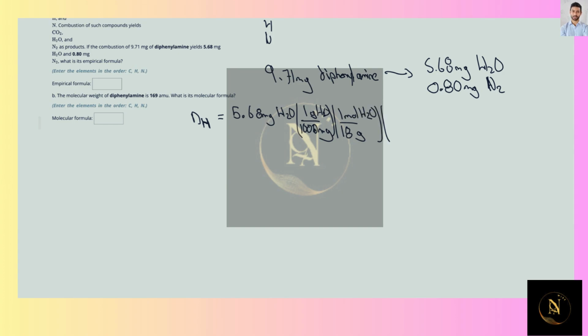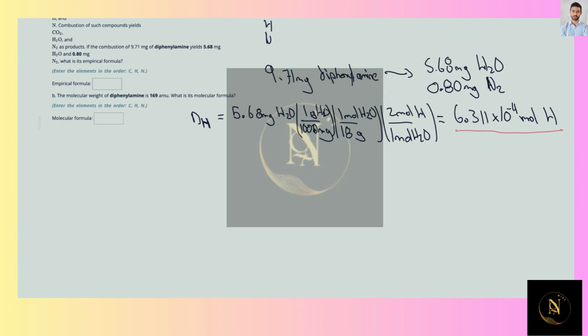From here we know that 1 mole of water corresponds to 2 mole of hydrogen. So over here, what we're going to get is 5.68 divided by 1000 divided by 18 and multiplied by 2 as 6.311 times 10 to the minus 4 mole of hydrogen in the molecule. This is going to be the very first important result that we have.